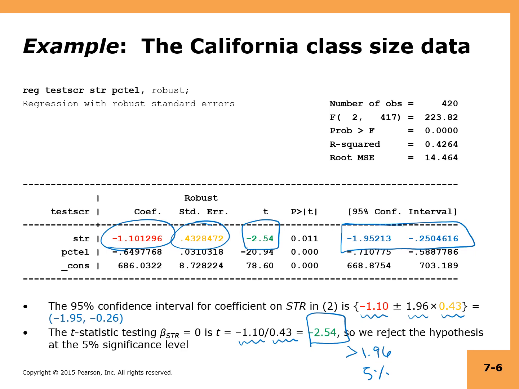Again, going back to our previous lecture, we can also use a p-value, and in this case, p-value is 0.01, which is less than 5%. So we also reject the null of beta 1 being equal to 0 and conclude that this coefficient is statistically significant.